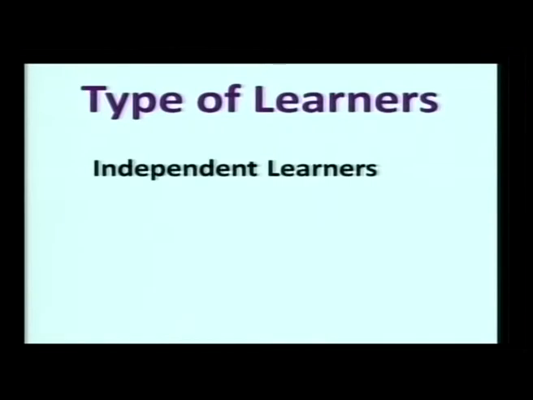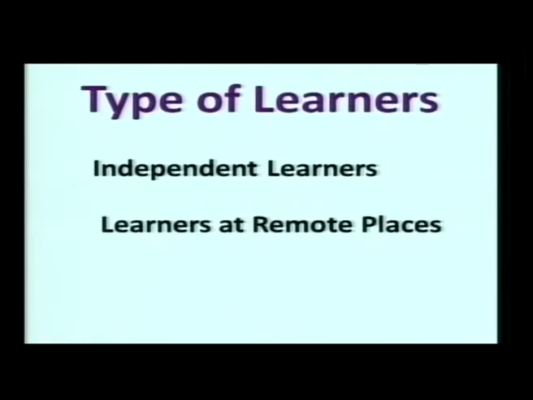Second point is the type of learners who will be coming to your online courses. There are independent learners, there can be learners at remote places, and lastly there are some working learners. So what do we mean by type of learners?